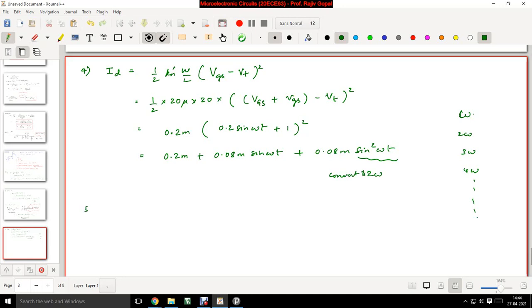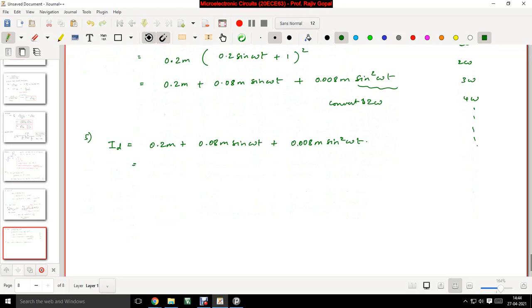So 5th one here is ID equals 0.2 milli plus 0.08 milli sin omega t plus 0.008, sorry, milli sin square omega t. So this I will convert to 0.2 milli plus 0.08 milli sin omega t, plus 0.008 milli, sin square omega t is 1 minus cos 2 omega t by 2.